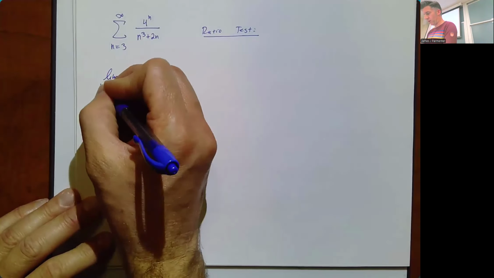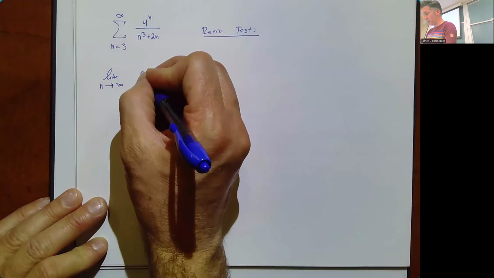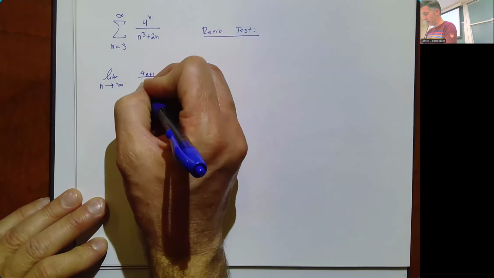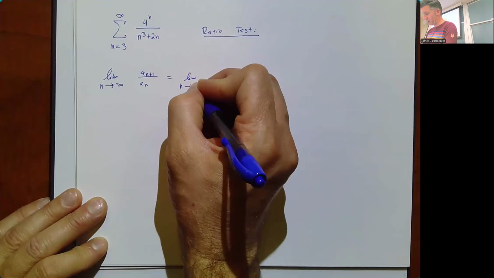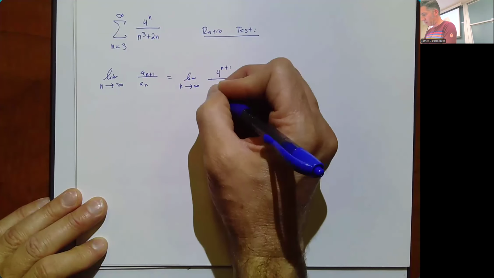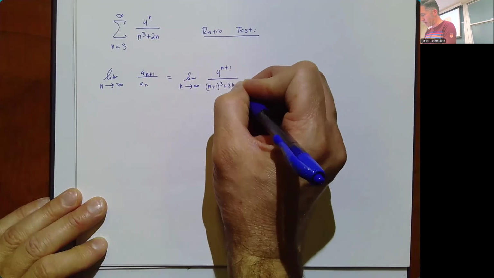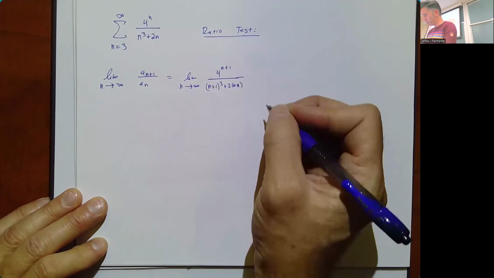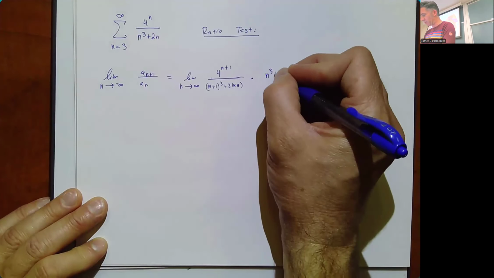So we're still starting off the same way as ever. It's always the limit as n goes to infinity of the n plus 1 thing over the n thing. That's going to be the limit as n goes to infinity of 4 to the n plus 1 over n plus 1 cubed plus 2 times n plus 1. Kind of gross. Times the reciprocal of that, which is n cubed plus 2n.